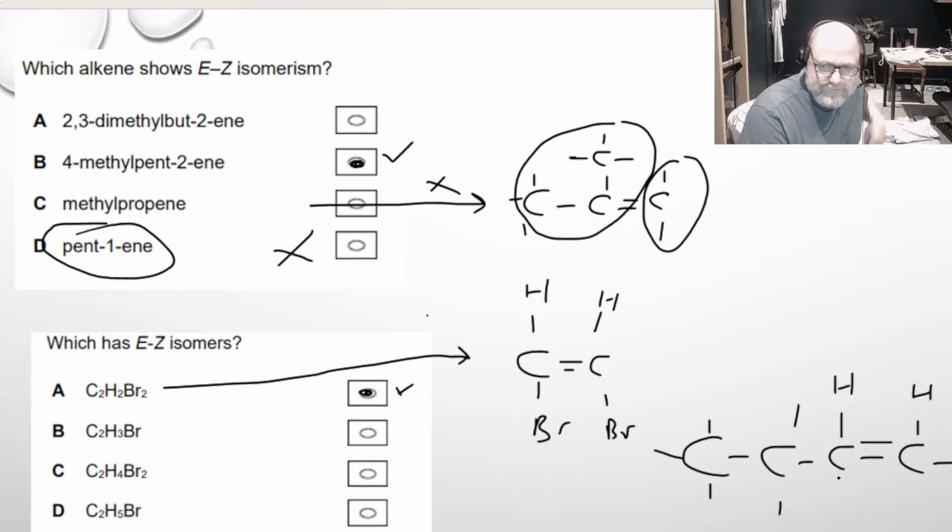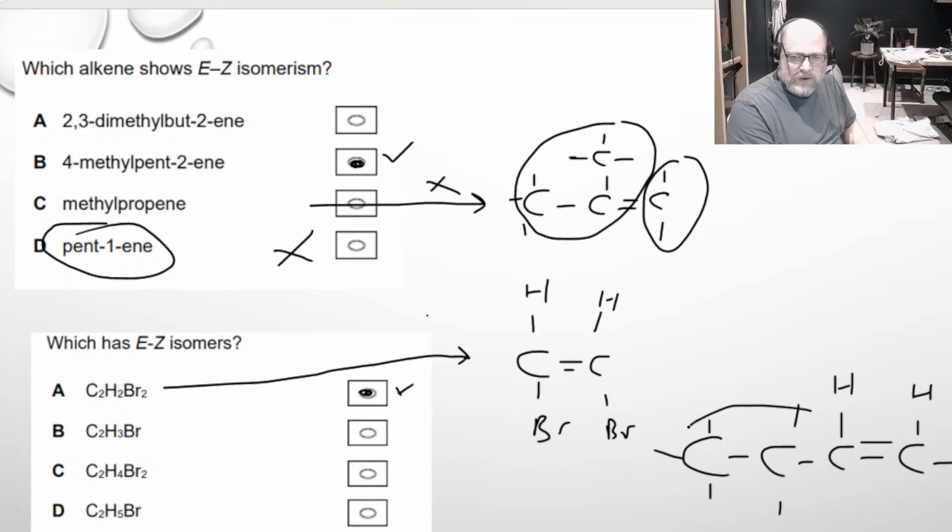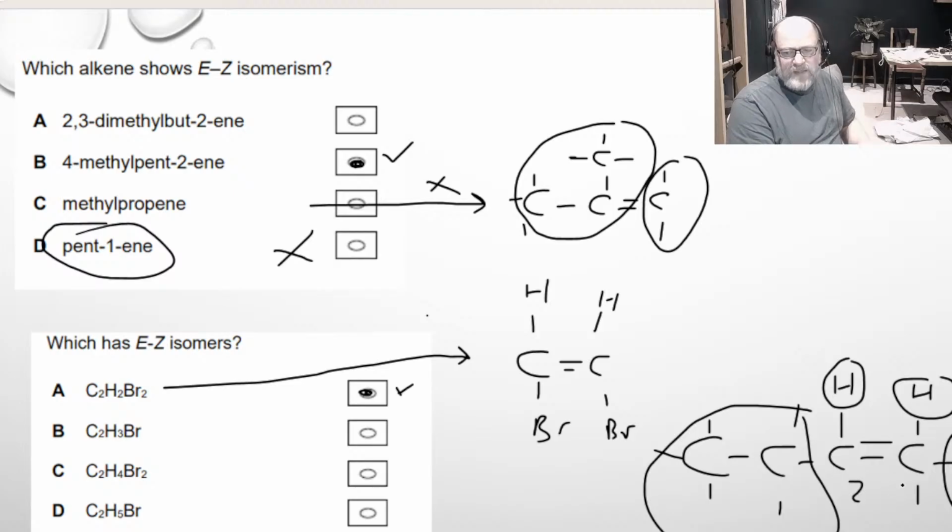As long as you have 2 different groups attached to the same carbon, like carbon 2 and 3, you get what I mean in terms of the double bond. As long as you have 2 different groups on each carbon of the double bond, you're sorted.